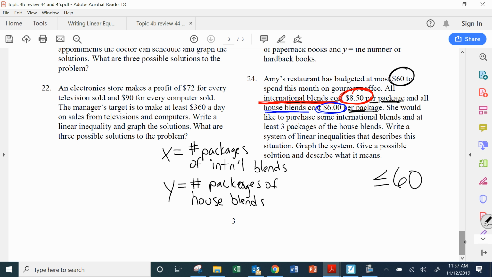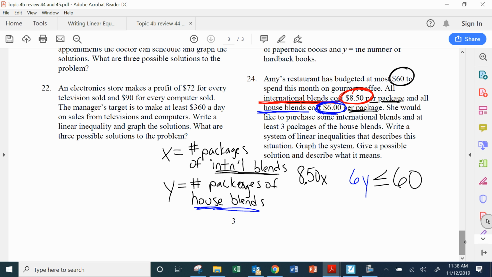So right here, international blends is X. So I just need to say $8.50 times X is going to represent how much I spend on international coffee. Well, now I just do the same thing with this $6 here. So if $6 represents the house blends, and my Y is house blends, then that needs to be 6Y.